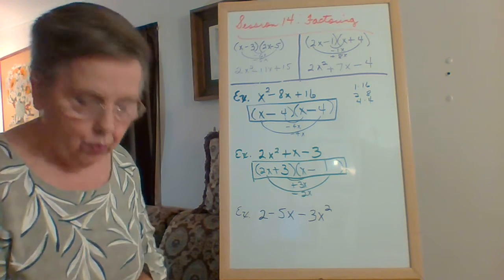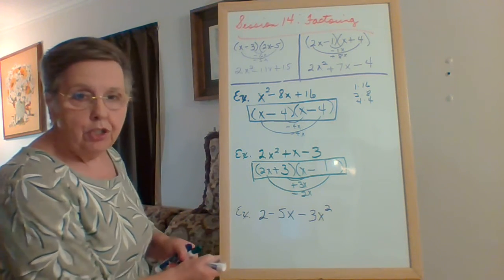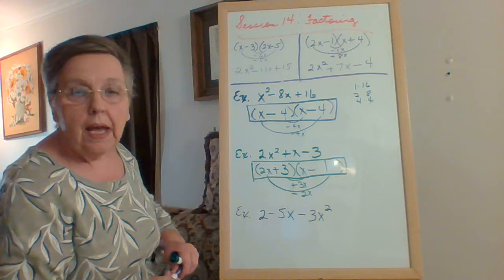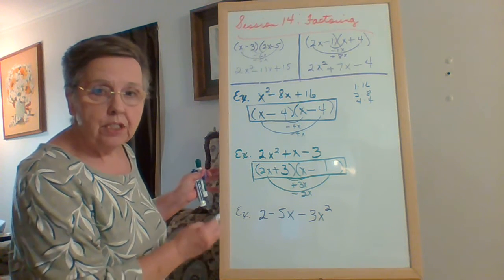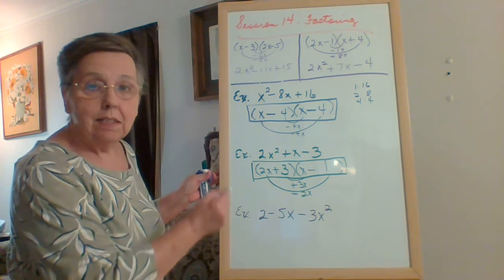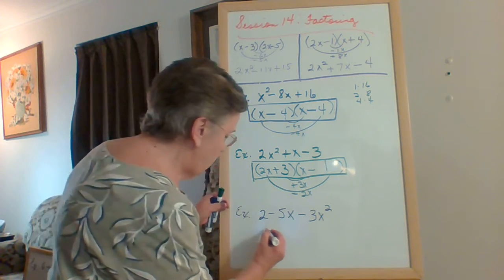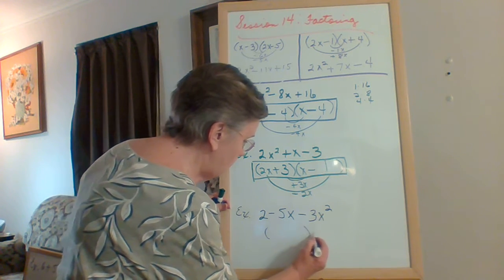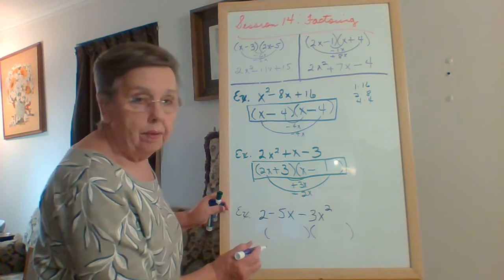Let's try the next one. Look, the number term is first. And remember last week, or in the last session, we learned if the number is first, then it has to stay in the first position in the parentheses. So let's put our parentheses. 2.